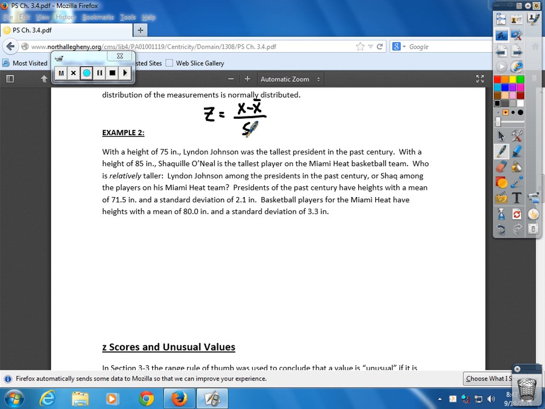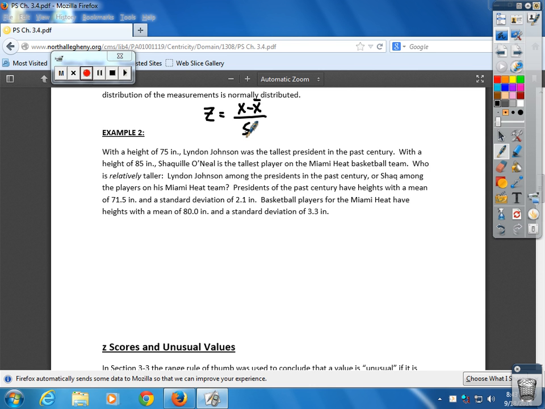So, how tall is Shaq? I know he's 85 inches, but what is that? 85 divided by 12. Calculate. 7.0. So he's 7 foot tall.